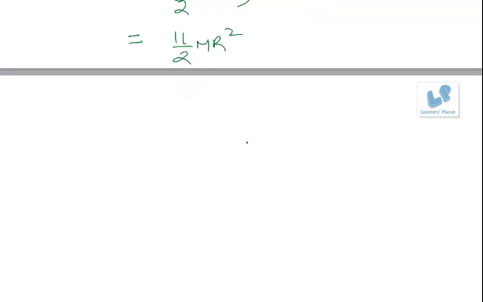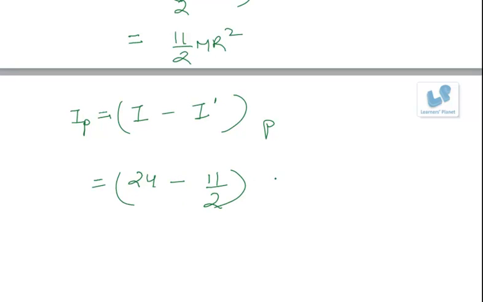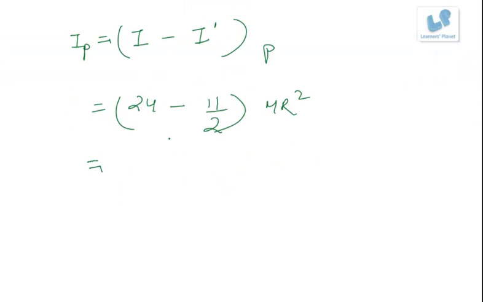Now the net moment of inertia about point P will be the moment of inertia of the bigger disk minus that of the smaller disk about point P. So this is 24 m r square minus 11 by 2 m r square, which gives 37 by 2 m r square.